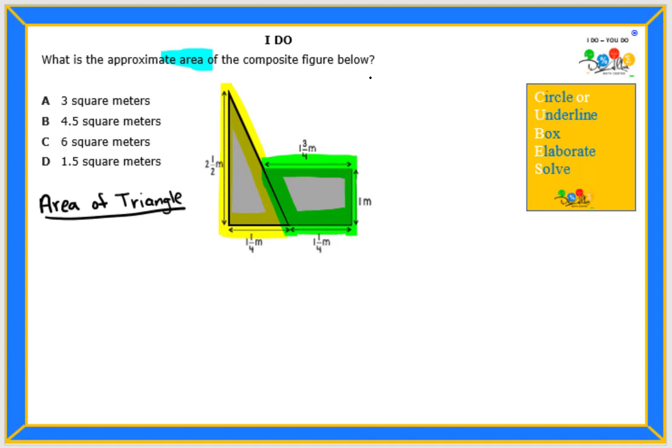So we have to find the area of a trapezoid. So we definitely want to use our formula chart, or we can use our foldable and look at the formulas for these shapes.